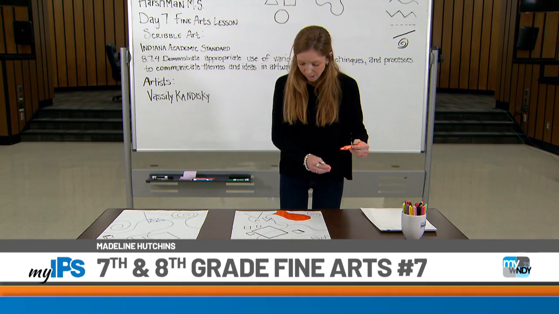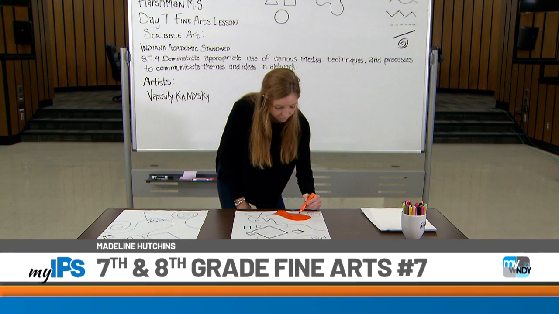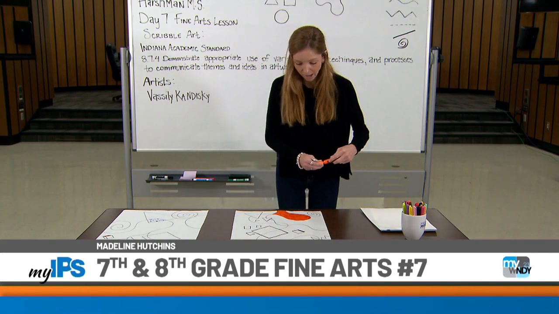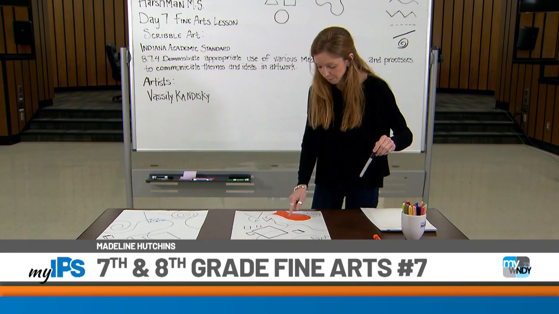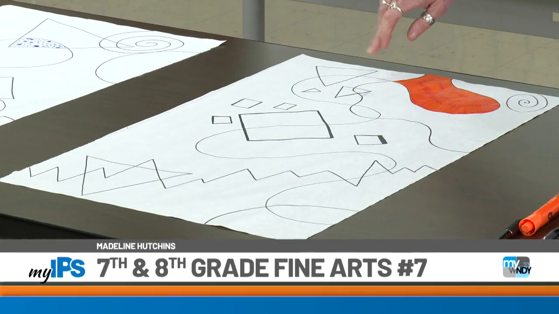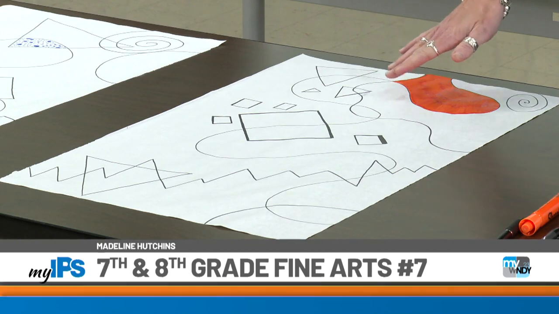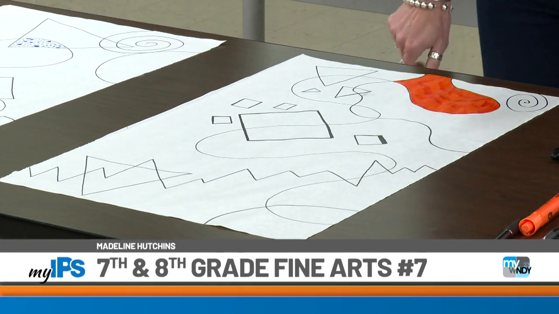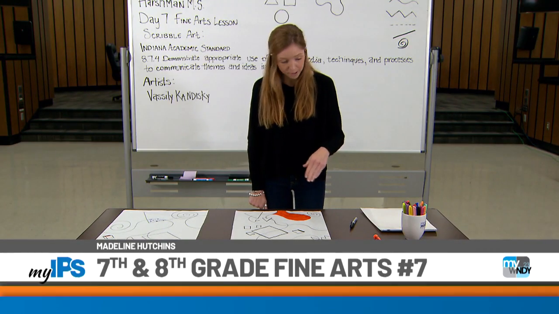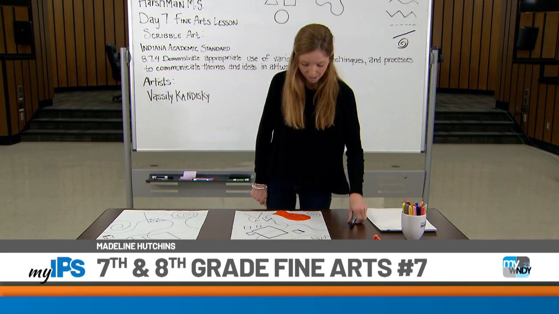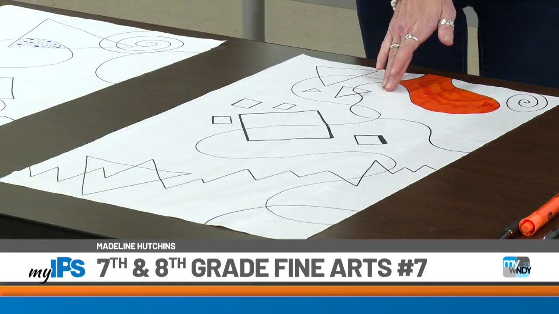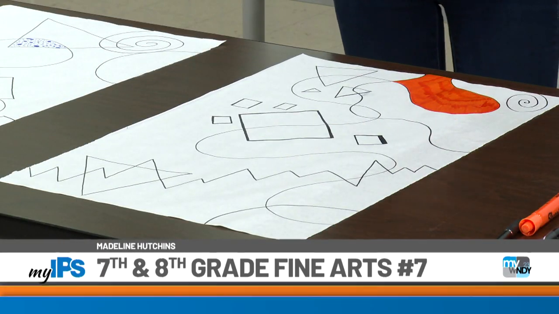So, I'm done with this little area, and I really like it. I would also suggest after this dries that I'm going to probably maybe go back over with my black marker and really make that line a little bit bolder. So now that I've done that, I'm going to move on. I have my smudge up here that's kind of bothering me, but I don't want to necessarily color this whole space in a dark color.